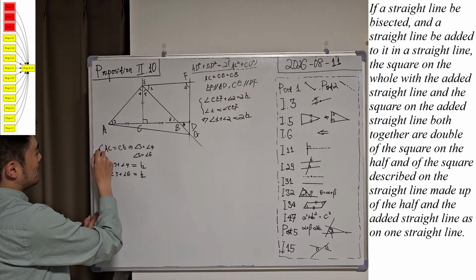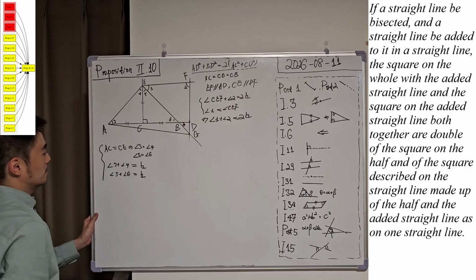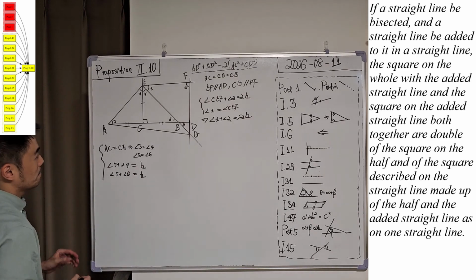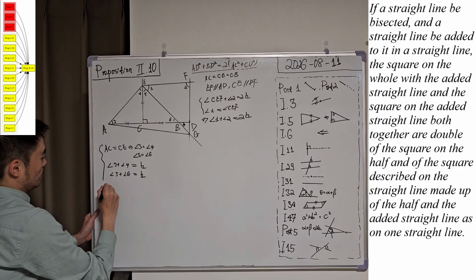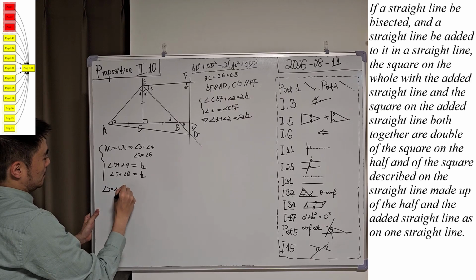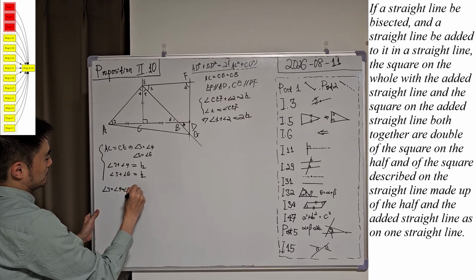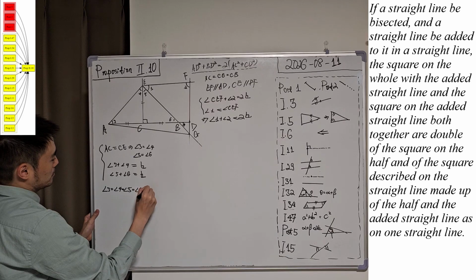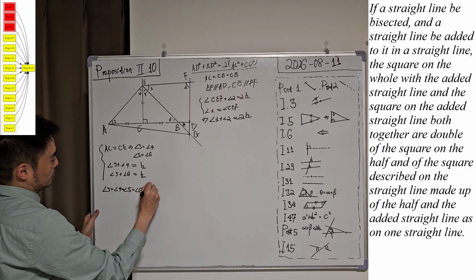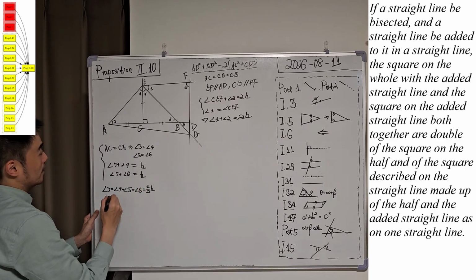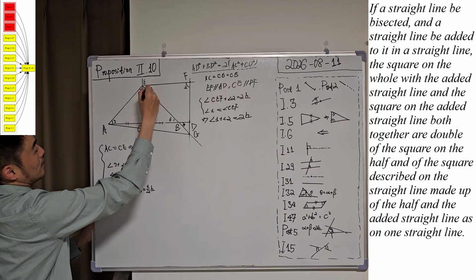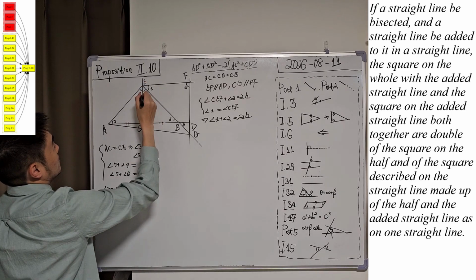So if we combine these equalities together, we can conclude that angle 3 equals angle 4 equals angle 5 equals angle 6 equals half of the right angle. Besides, we can conclude that this is the right angle, correct?